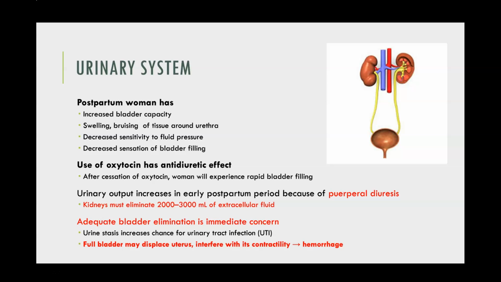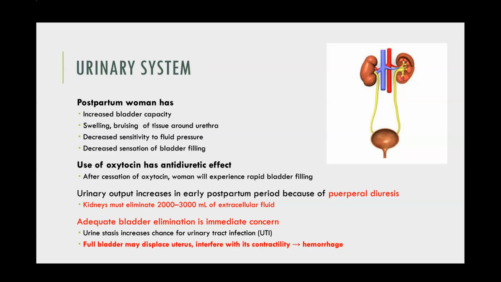So once we stop oxytocin, because of that antidiuretic effect, that woman is going to experience really rapid bladder filling. And if that's coupled with the fact that she doesn't sense her bladder filling up, and that her bladder has an increased capacity to hold urine, remember our baby's not there anymore taking up room, so now the bladder can expand very well, we could run into problems with urinary retention.